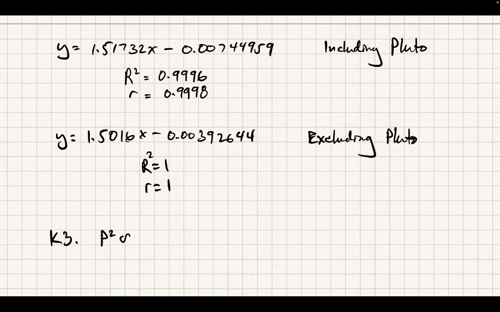The relationship is usually written as P squared is proportional to A cubed, where P is the orbital period and A is the semi-major axis.